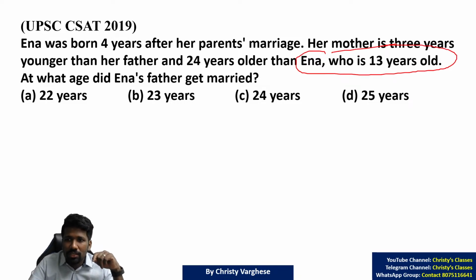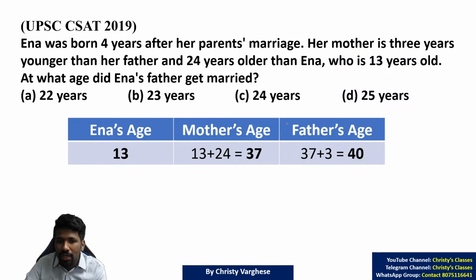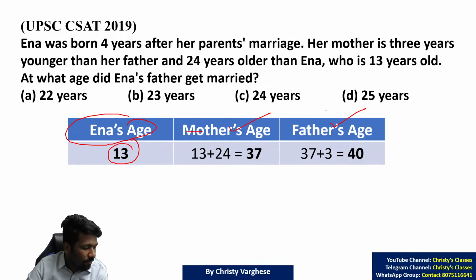Ina's present age is 13 years. That is the starting point. From that you can write mother's age and father's age, and from that you can find whatever the question is asking. Ina's age is 13. Mother is 24 years older than her.